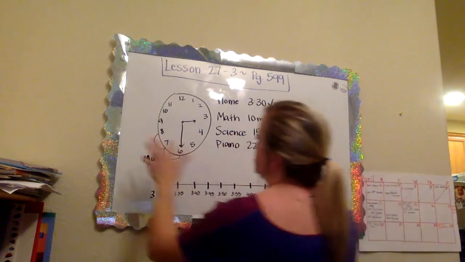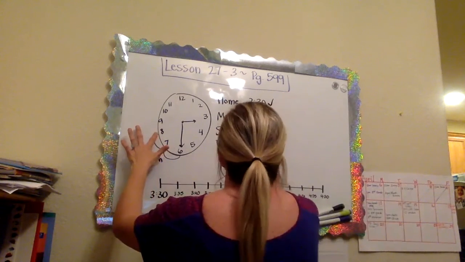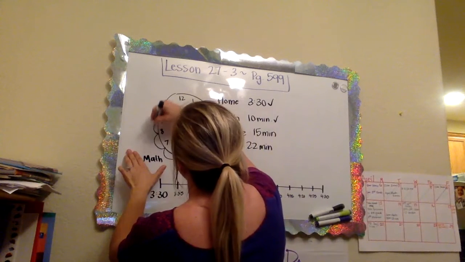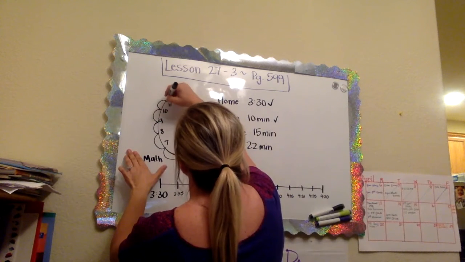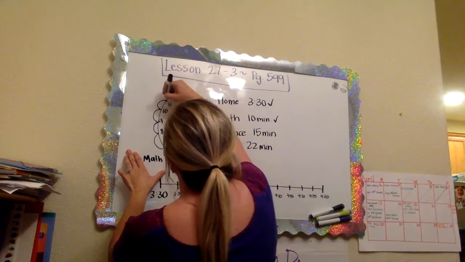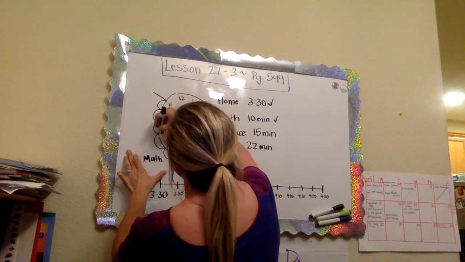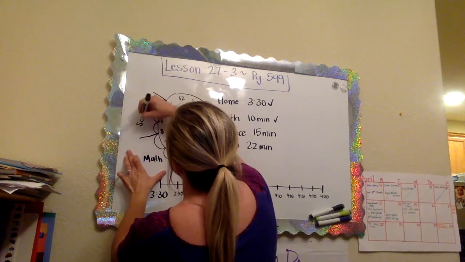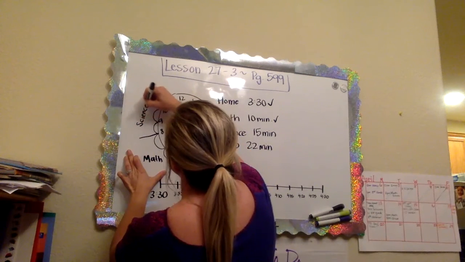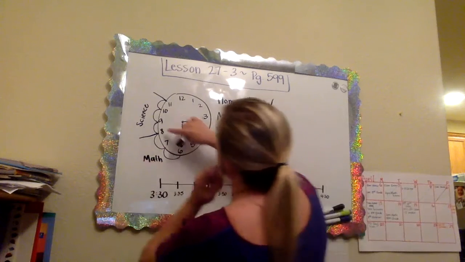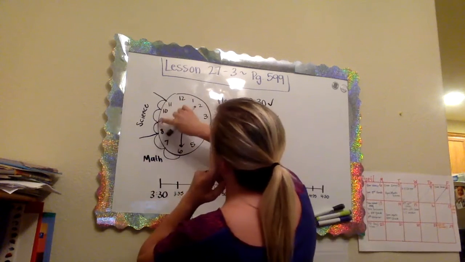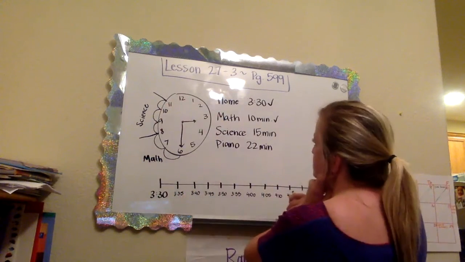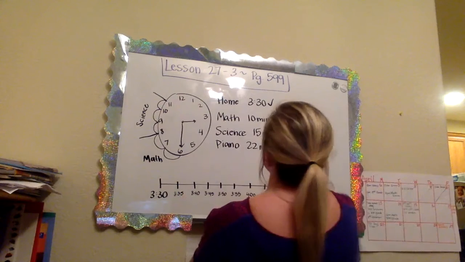Science is 15 minutes. So now I'm going to jump 5, 10, 15. And I know here to here was science. This should be 15 minutes, 5, 10, 15. Each jump is 5 minutes, and that one is now done.